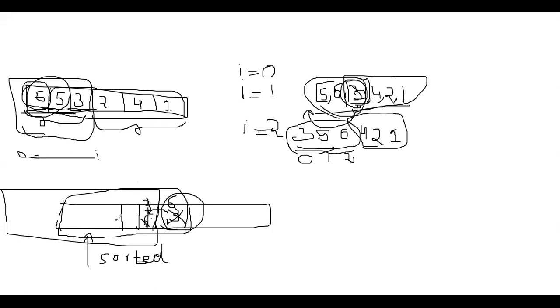Now I will compare this 3 with this element. If this 3 is greater than this element, then this whole subarray is sorted. If 3 is smaller than this element, then I'll swap these two elements and I'll keep going on like this until we put 3 at its right place. So this is how insertion sort works.